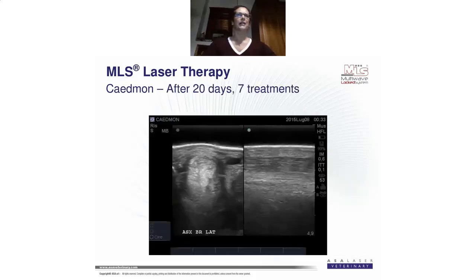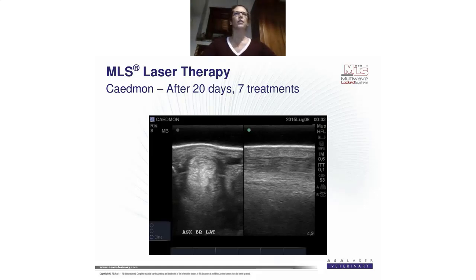So the results here, after 20 days, we have a good result, ultrasonography. We have a big reduction in the edema. We have fibers to see, and the horse could start to be brought to a small paddock.